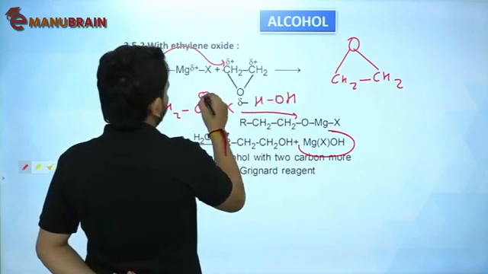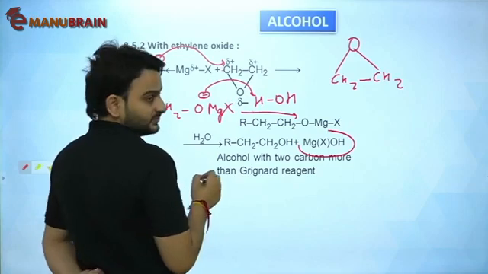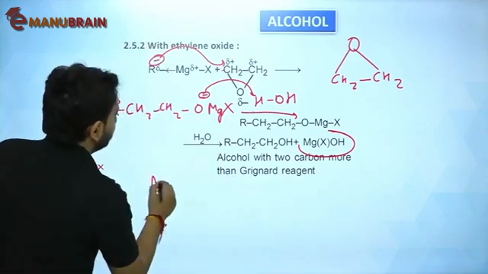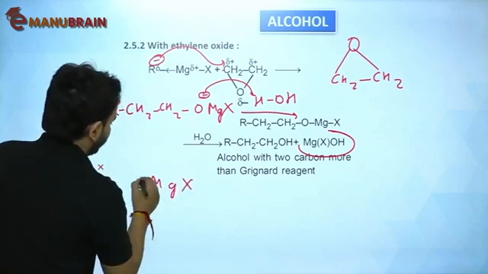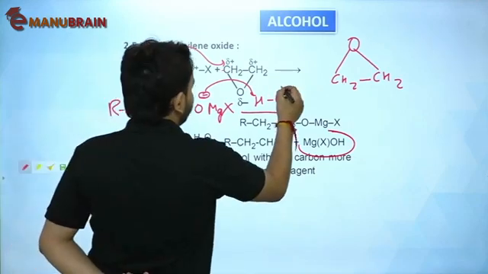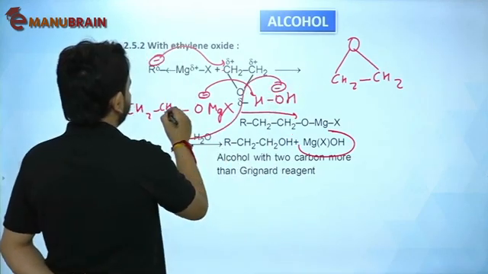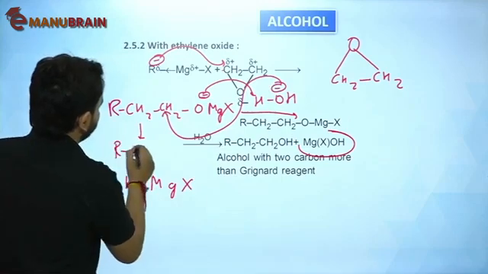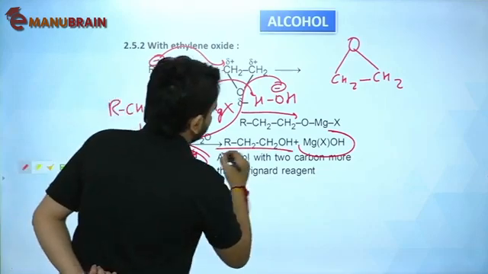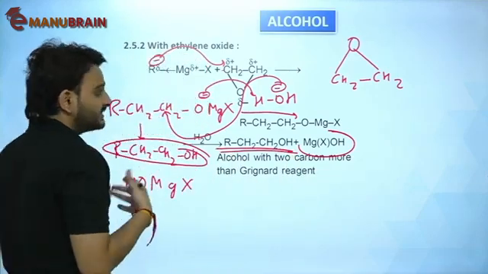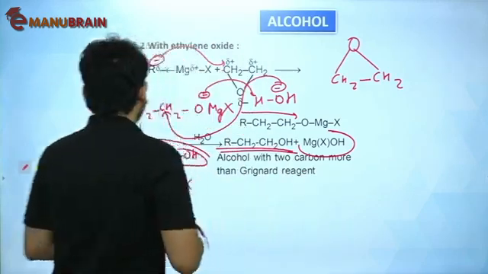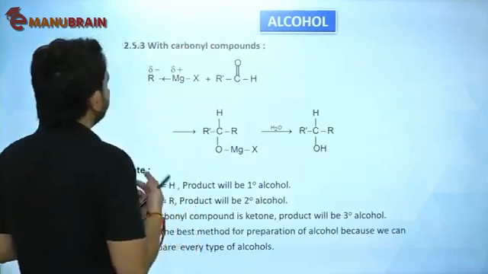This O minus will attack this H, so it will first of all form MgXOH. Now OH minus will be left over here, this OH minus will attack this side, and you'll get RCH2CH2OH. This is the alcohol that we have obtained. Three-membered ring we already know is a very weak ring, it can be broken down very easily. I hope you've understood this, guys, and I'll move on.